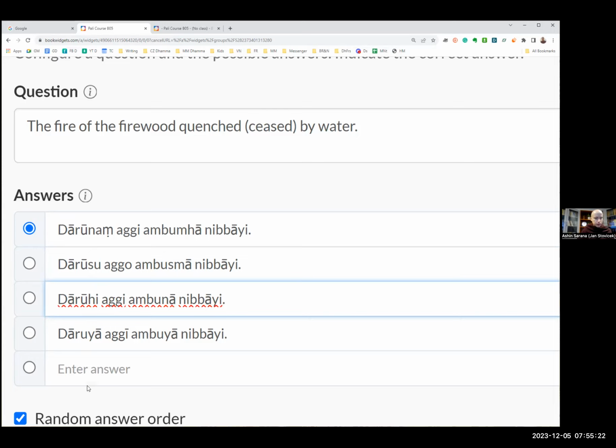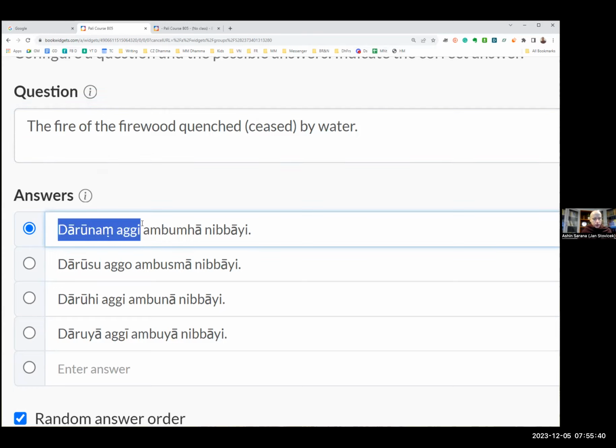Darubhe, yes, that would be the instrumental or ablative. It is not of, it would be by. Daruya is nonsense. So darunang aggi must be correct. And because it is the fire, it must be aggi. So these two are correct.